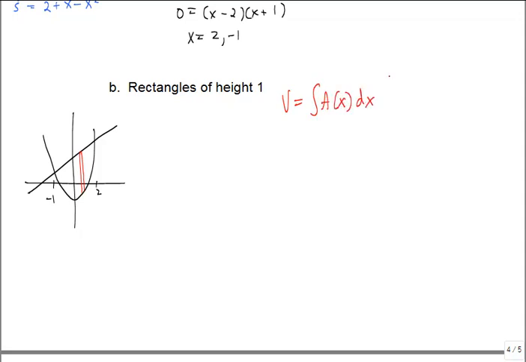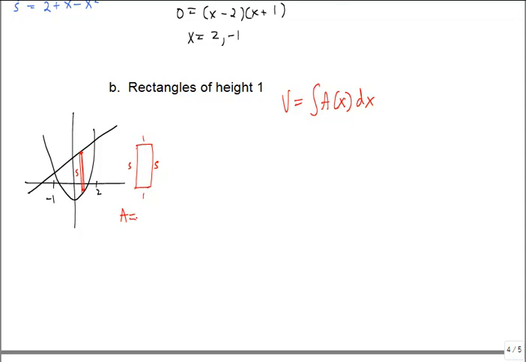The only difference now is when I take this side right here, which I'll call S, and I think about it being projected in space, we're going to form a rectangle of height 1 coming out. So the 1 is the dimension that's coming out towards you. So this is going to have that side length S, and then a height of 1, and then your side length S over here. So there's my rectangle shape.